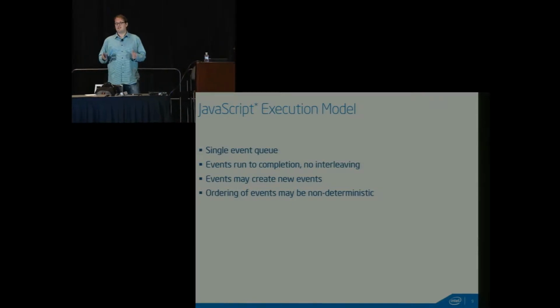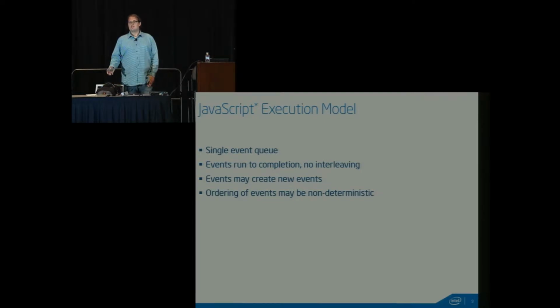Because you have this single event queue, that's all you have to wonder about. That's what steers execution. And all events always run to completion. So at no time will your event handler be interrupted for something else to happen. So you never have to think about these interleavings. It's just my event handler runs to completion, and then the next event handler comes. That's a very powerful model.